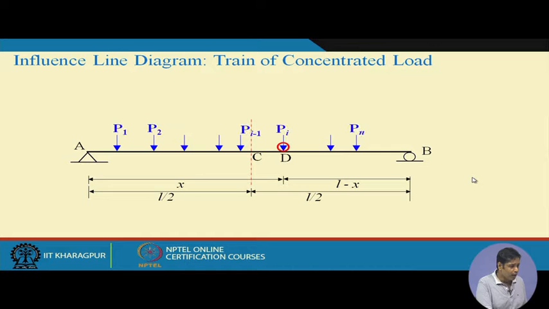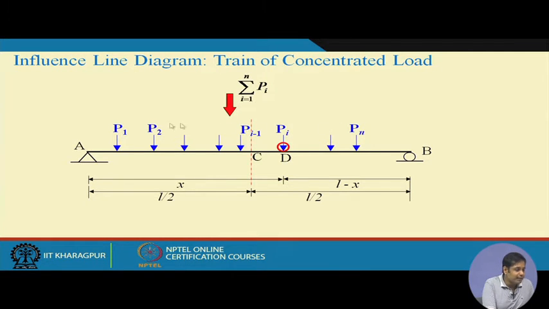Now, suppose we have a total of n such loads. In this load system we have n concentrated loads, denoted as P1, P2, P3, P4 and so on, then Pi minus 1, Pi plus 1 and up to Pn. So in total we have n concentrated loads.